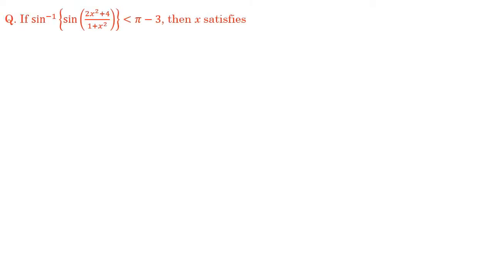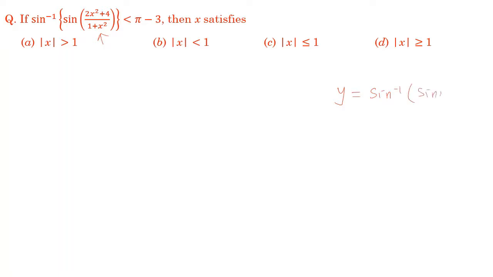We take this question: if sine inverse of sine of (2x square plus 4) divided by (1 plus x square) is less than pi minus 3, then x satisfies, these are your options. Now to solve this inequality, first of all you have to know about the range of this term, because in the previous screen we already know that y is equal to sine inverse of sine x function will give x when x is in between minus pi by 2 up to pi by 2.